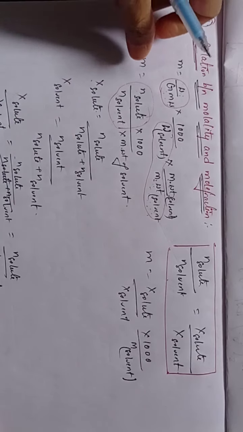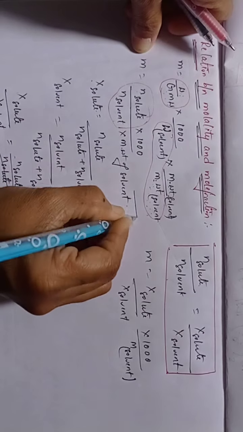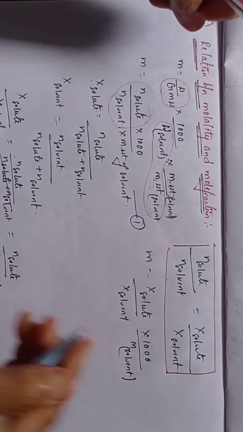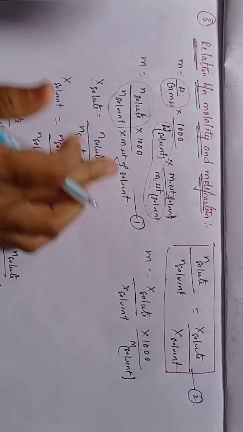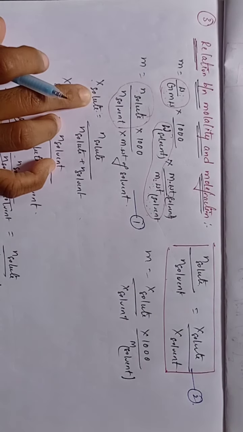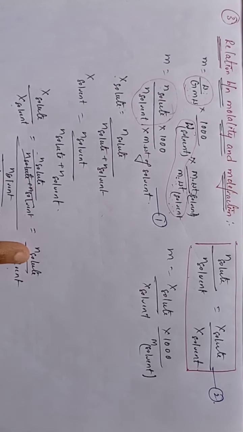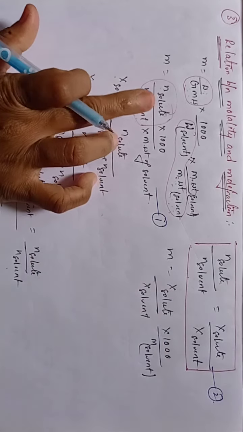So this is equation 1, students. And here we calculated equation 2: number of moles of the solute by number of moles of solvent is the mole fraction of the solute by mole fraction of the solvent. Clear? Then solute by solvent, if you calculate, you will get number of moles of solute by number of moles of solvent. So this value we are substituting, students.